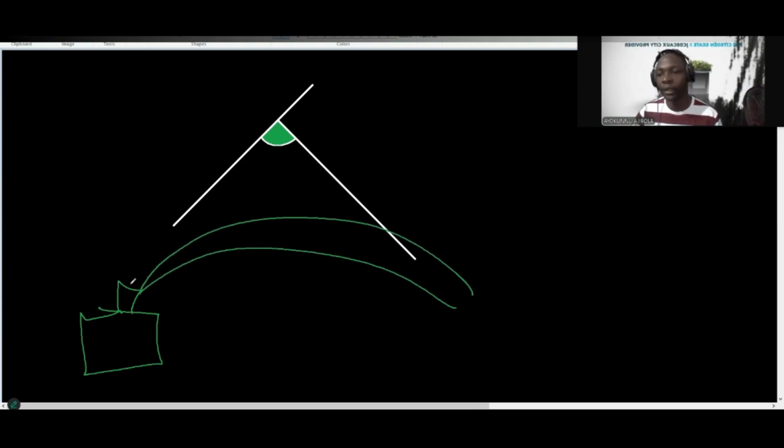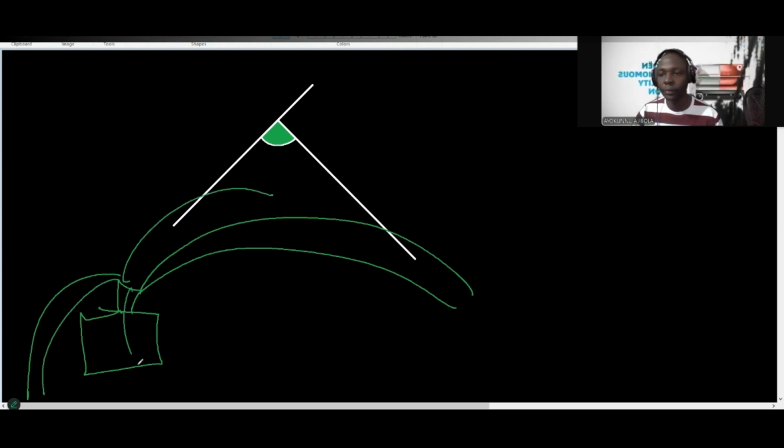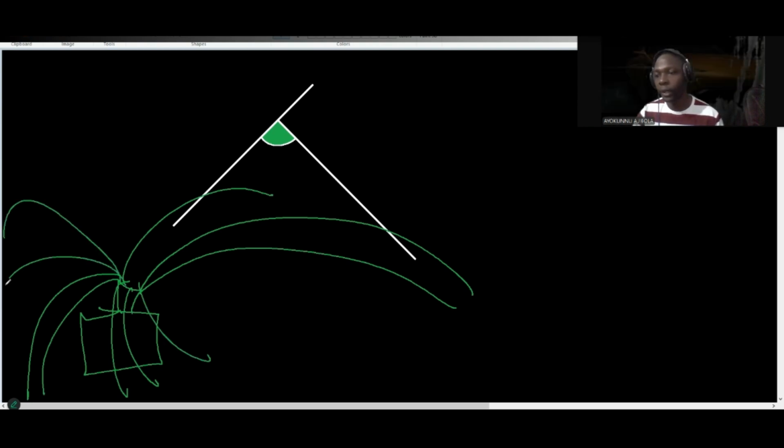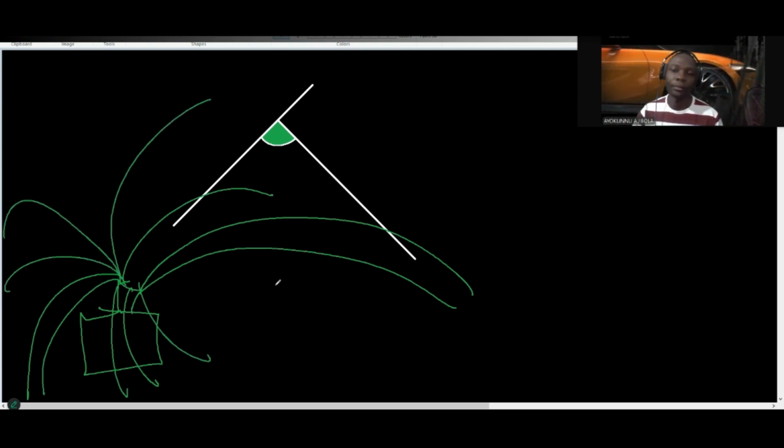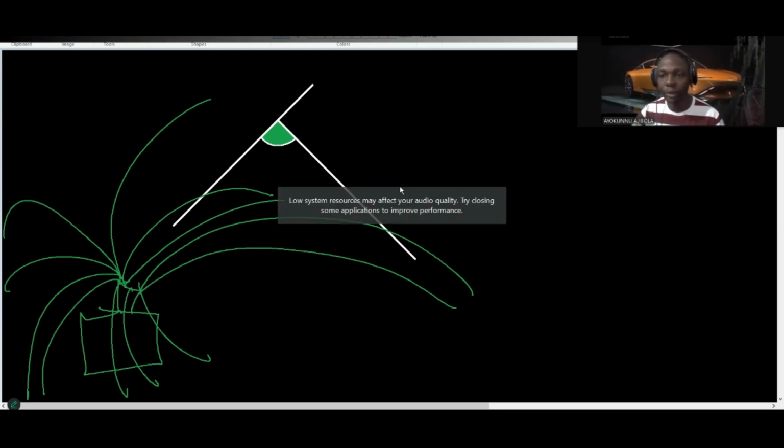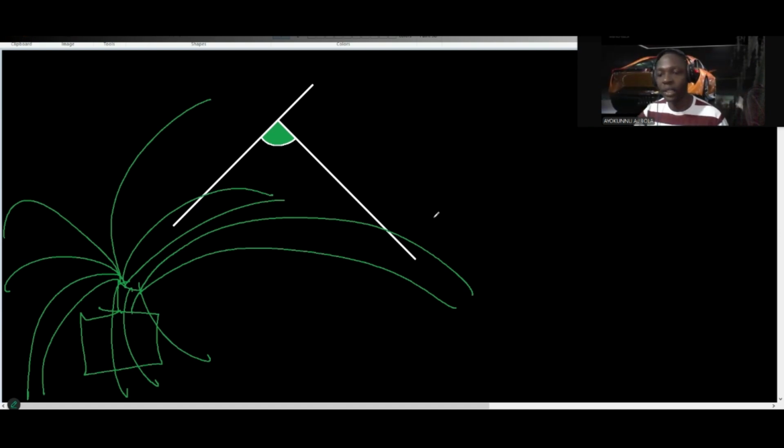If you set it like this, it's going to sprinkle all around, right? Is that clear? Good. So you can set it at an angle. So we're talking about angle now.